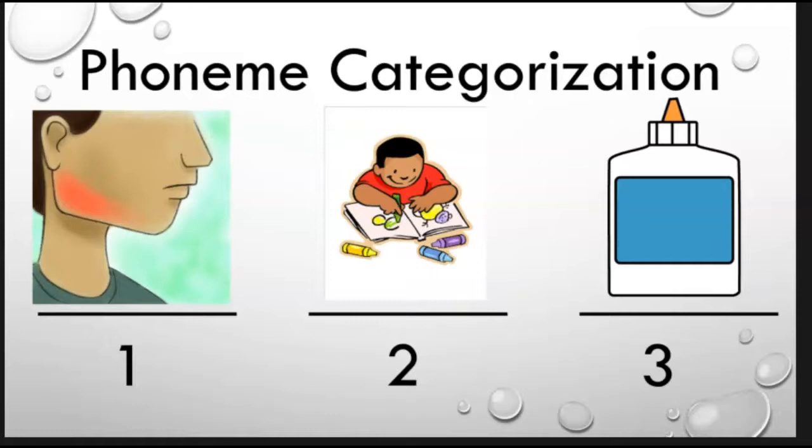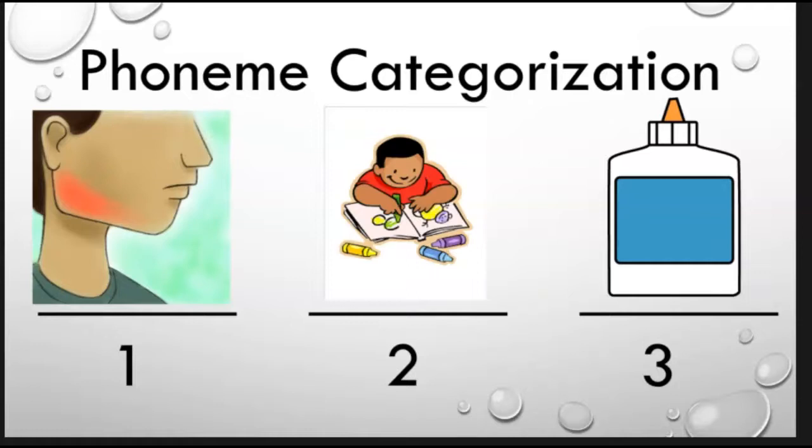So I have here 3 different pictures, right? These 3 pictures have one picture that doesn't belong. So I'm going to say the words, and then I need to figure out which one doesn't have the same vowel sound. A lot of times we think of vowels just as letters, but they're actually sounds.